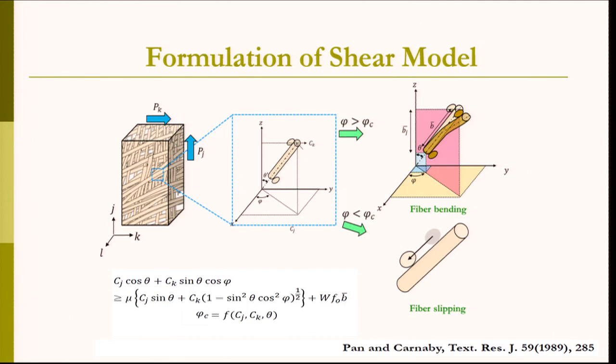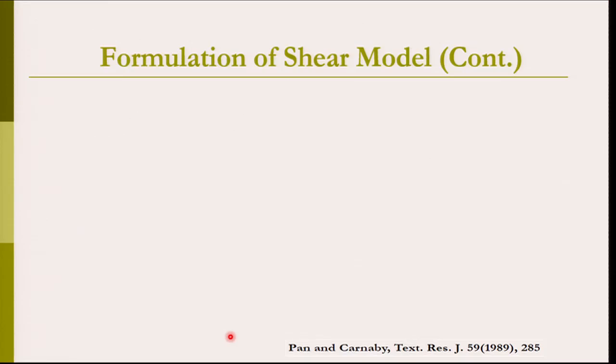Again, this is a force balance equation which is shown here by making use of the average force which is acting on the fiber to fiber contact Cj or Ck, depending upon the coefficient of friction between the fibers, withdrawal forces and the mean distance between the contacts. So, one can easily calculate the critical in-plane orientation angle for these fibers.